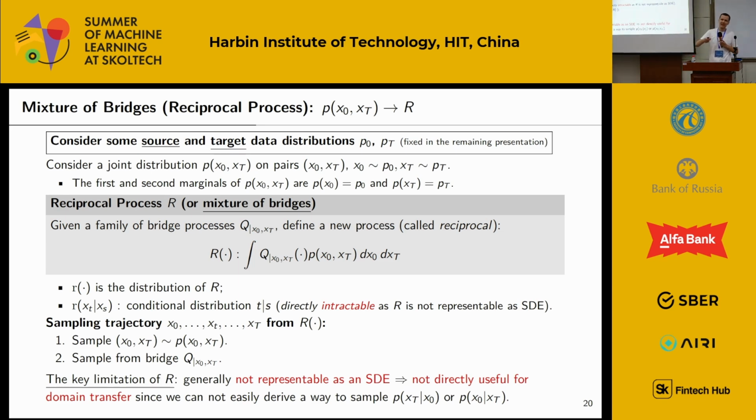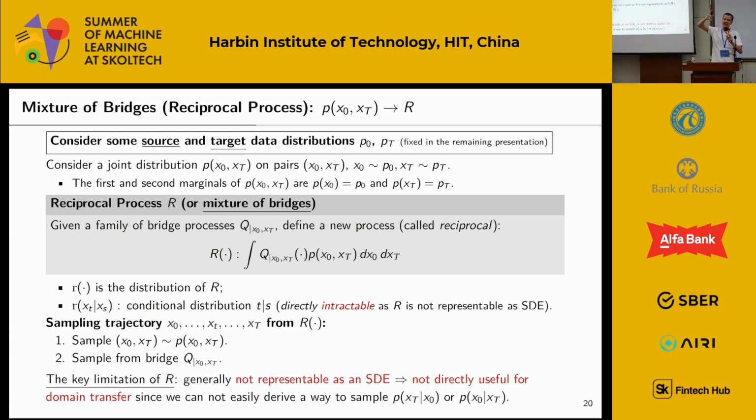It's a stochastic process which is created the following way. To generate a trajectory of such a process, we need to take start and end points from our distribution of pairs, from the distribution P of x0 and x1.